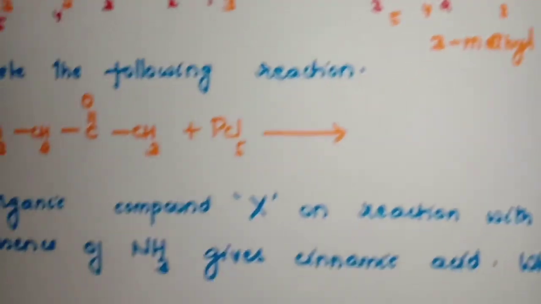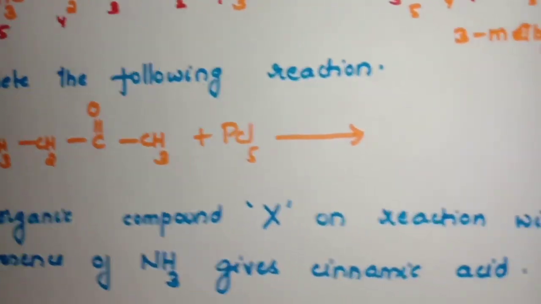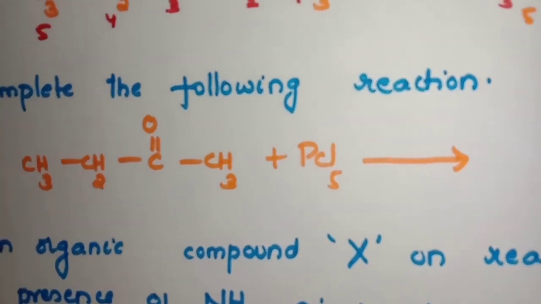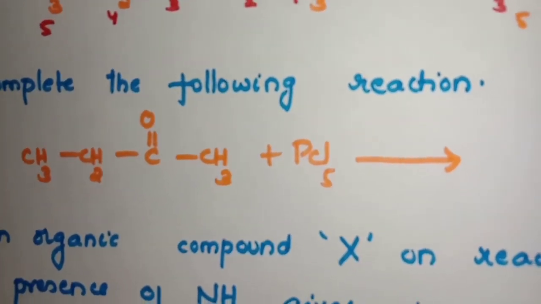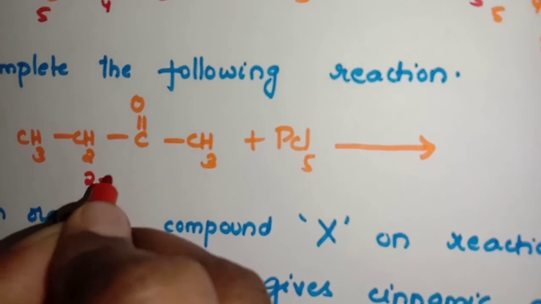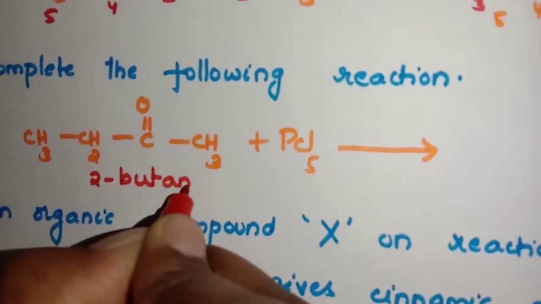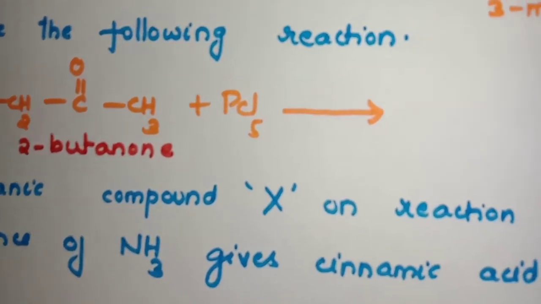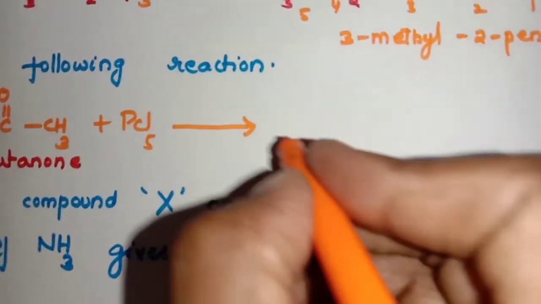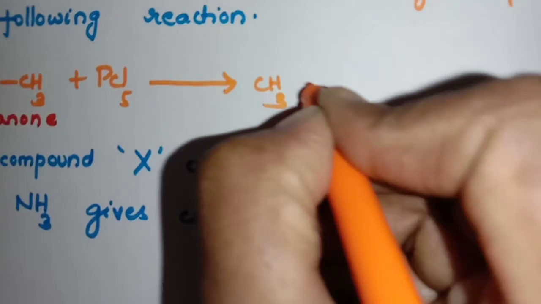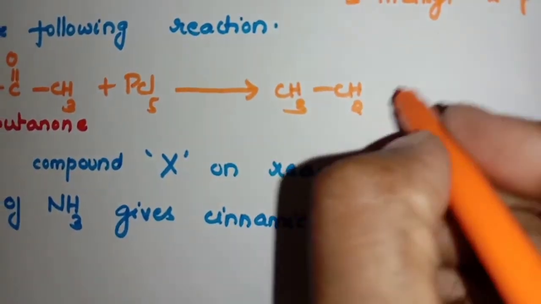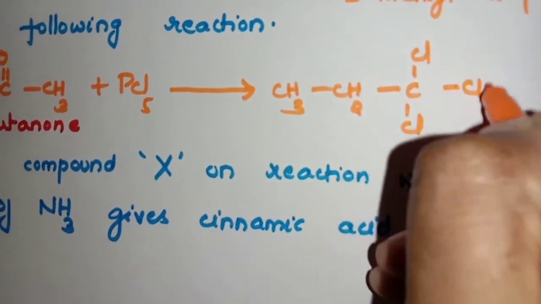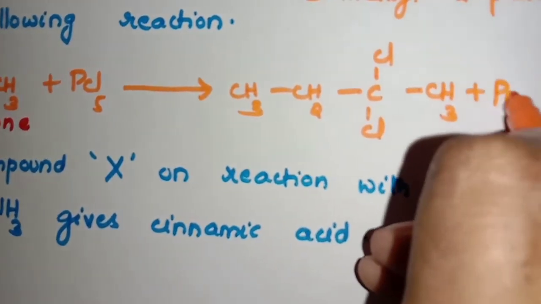Okay, students. Next, complete the following reaction. CH3, CH2, C double bond O, CH3. This is called 2-butanone. On reaction with phosphorus pentachloride, PCl5, it gives CH3, CH2, C, Cl, Cl, CH3 plus POCl3.